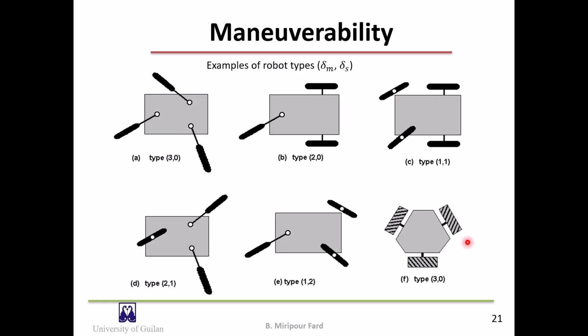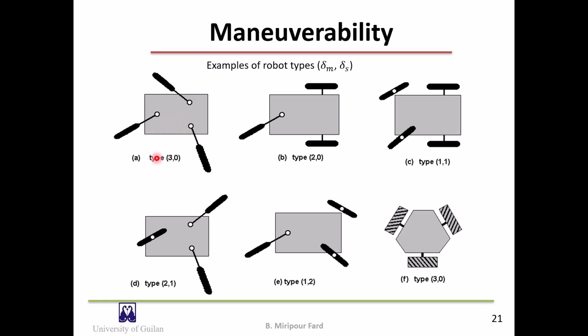We can also determine the type of robot based on the degree of mobility and degree of steerability. In figure A, all the wheels are caster wheels and don't impose constraints. So delta M, the degree of mobility, is 3. And there are no centered orientable wheels.